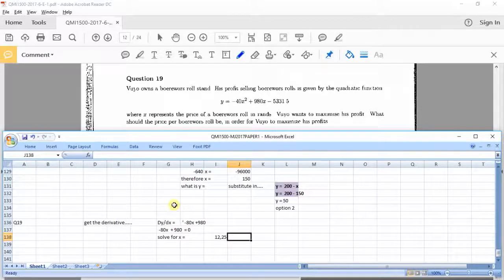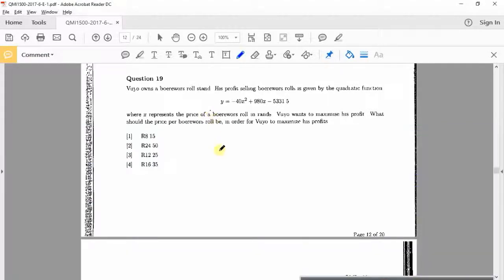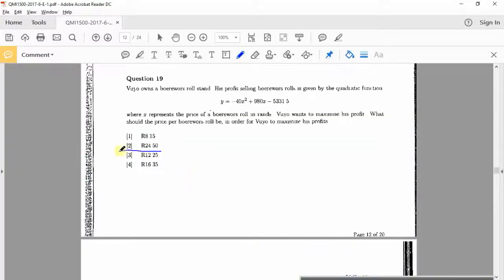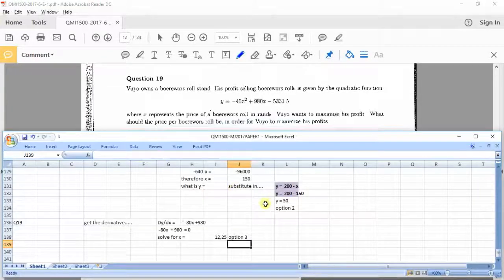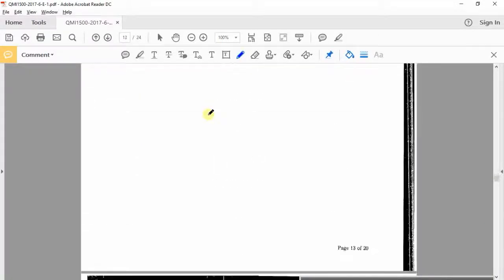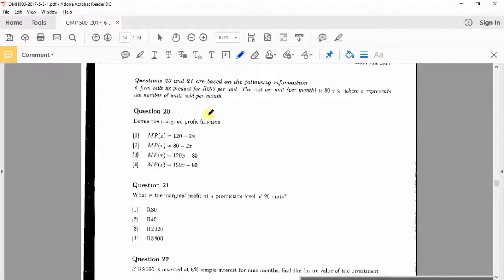X is going to be 980 divided by 80, 12.25. So 12.25 is the price, option 3. We're going to have to sell the Boerewors roll at 12 Rand 25 to maximize profits.